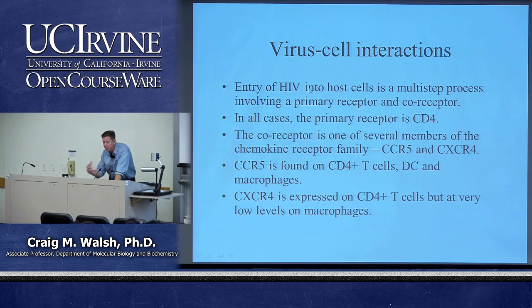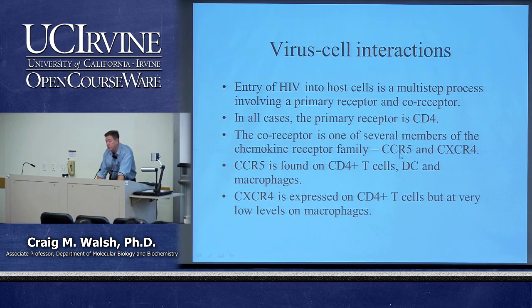So what's actually happening? What are the features between these CD4 positive cells and the virus that allow all this to take place? First off, as we learned a little bit, when this HIV virus binds to a cell that's expressing CD4, it's not sufficient to simply have CD4 there. You need to have a co-receptor.